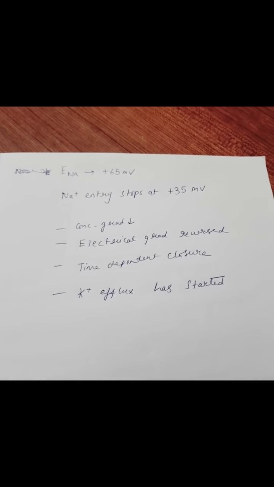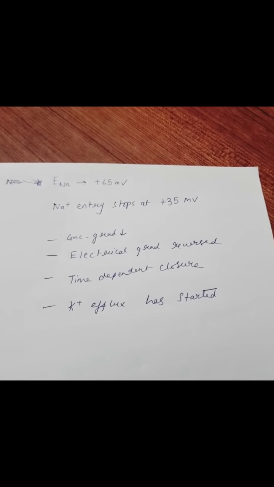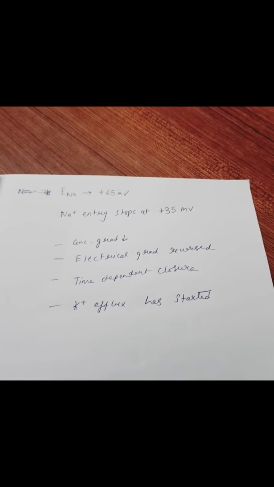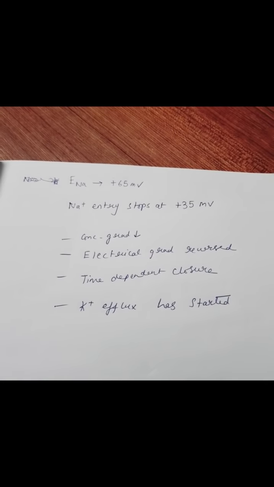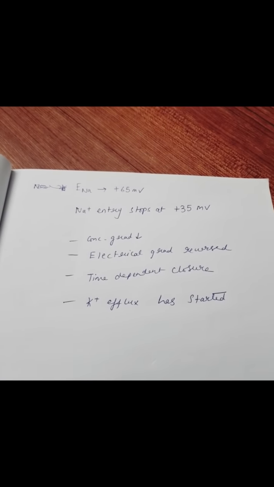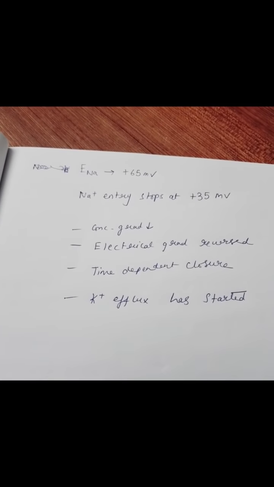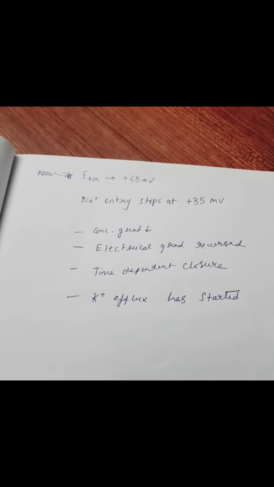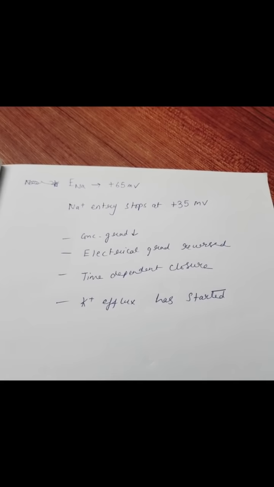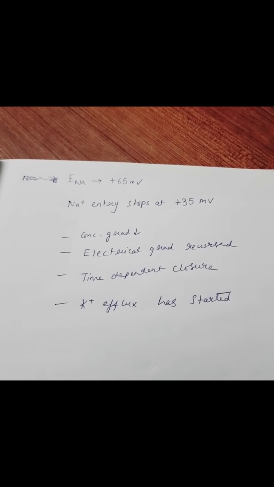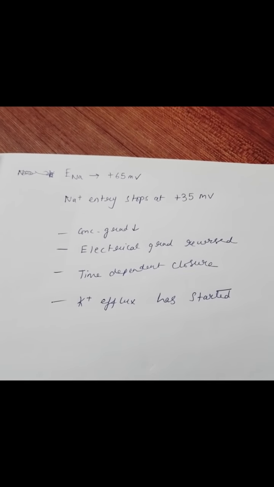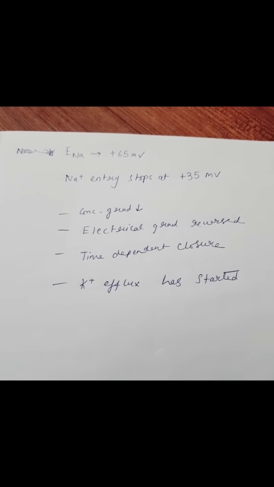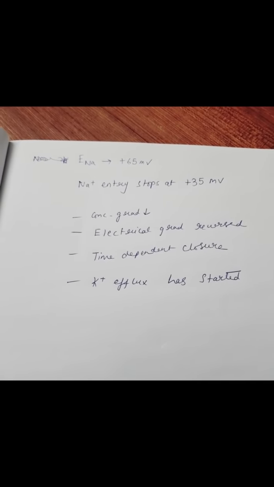So, movement of positively charged sodium ions into the cell is slowing down, and movement of positively charged potassium ions out of the cell is increasing. So the membrane potential does not reach plus 65 millivolt, it stops at plus 35 millivolt. Okay, now let's go on to the repolarization part. Up till here, the depolarization is complete.